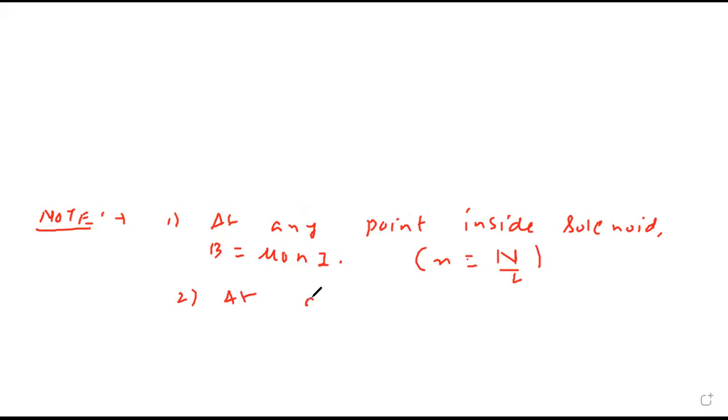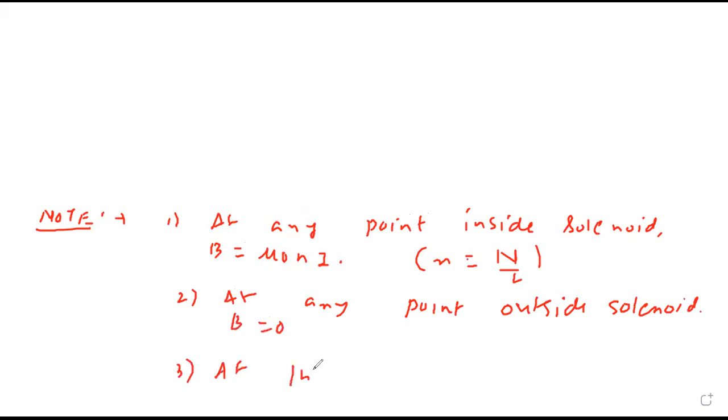At any point outside a solenoid, B equals 0. At the ends, B dash equals half of B. Please copy these 3 points as a note.